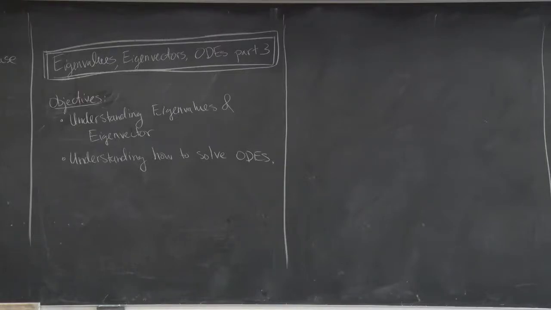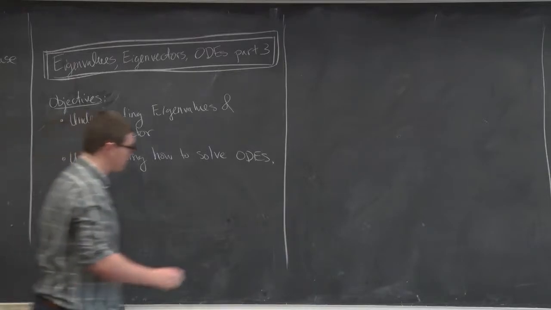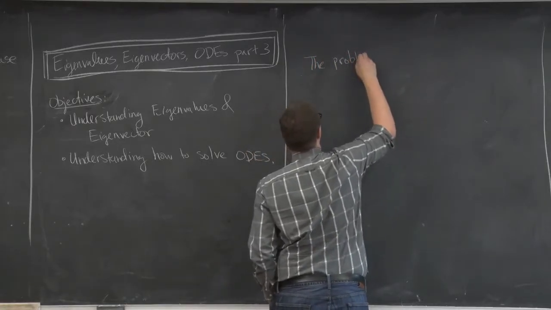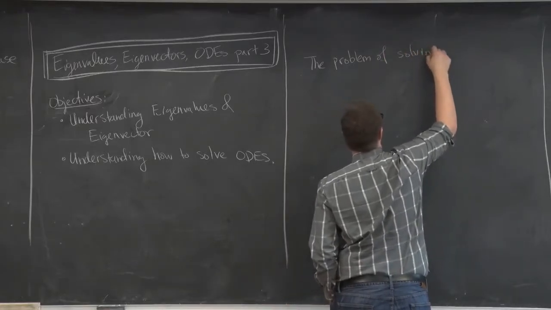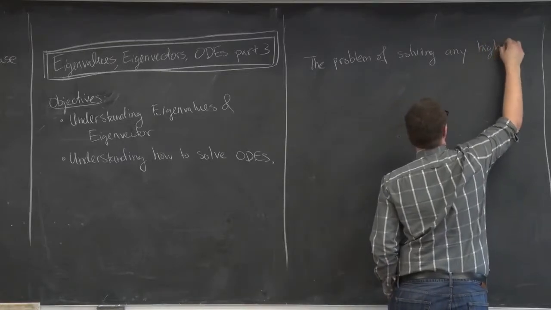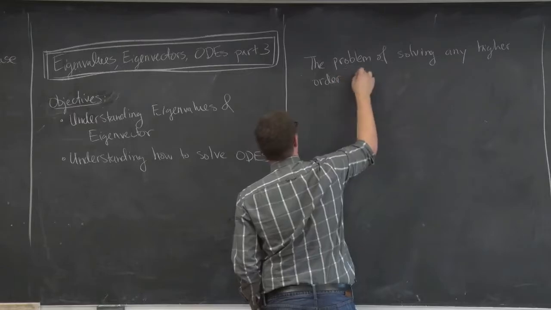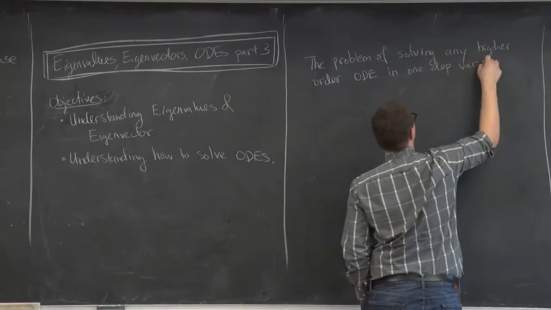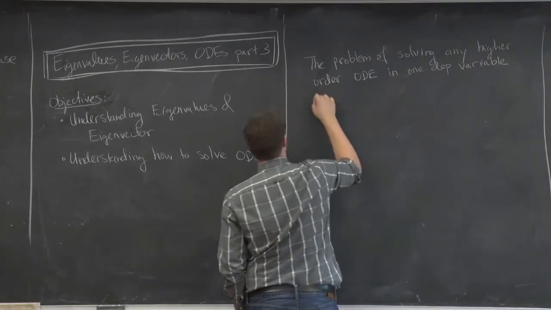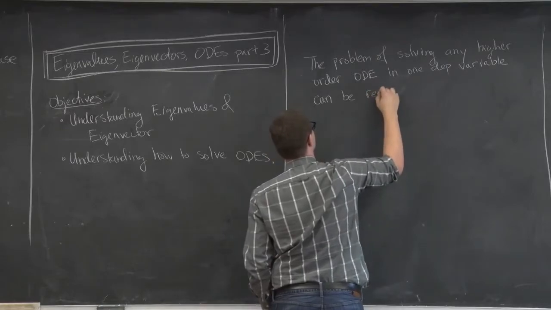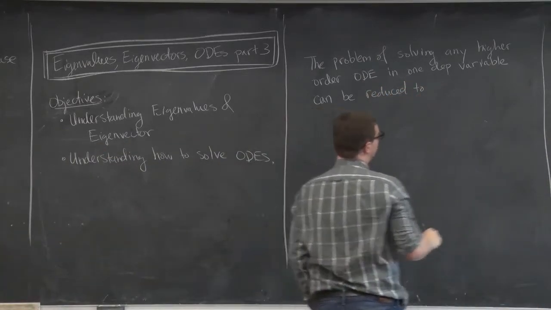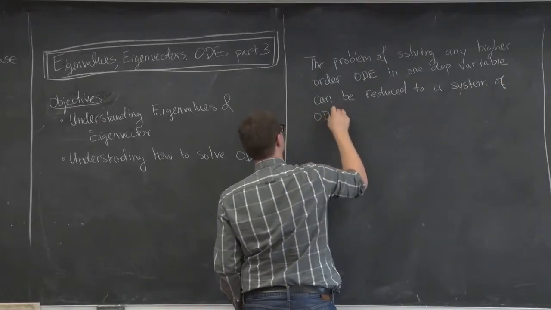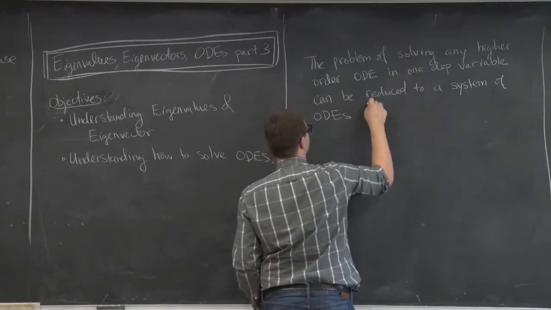So first I want to show you something that you maybe have seen before, is that the problem of solving any higher order ODE in one dependent variable can be reduced to a system of ODEs in first order, which is first order.